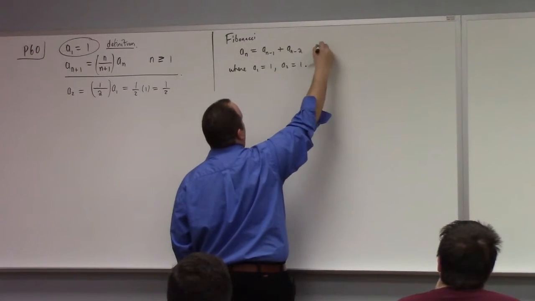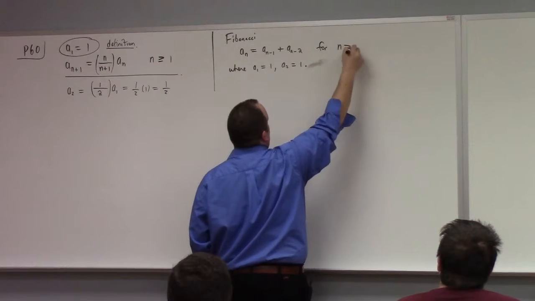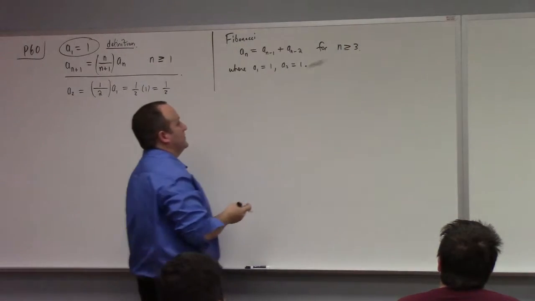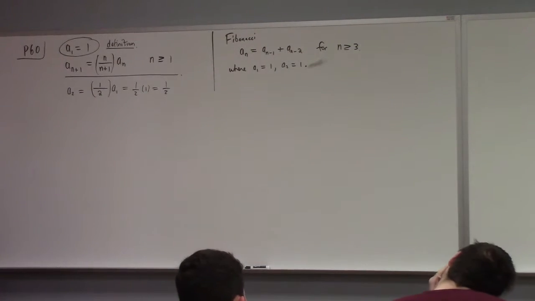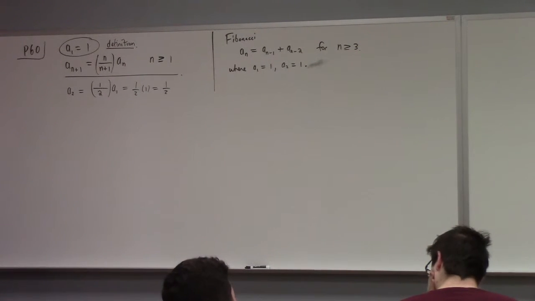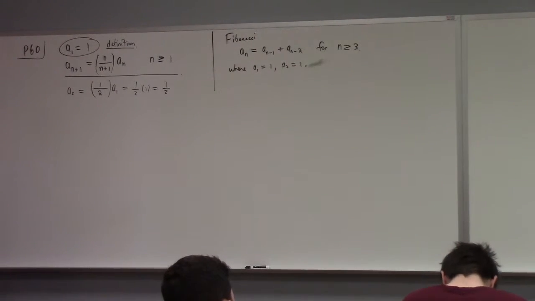This is for what? For n greater than or equal to 3. So for the Fibonacci, I have to give you that a sub 1 is 1, a sub 2 is 1, and then starting at a sub 3, the recursion takes over.